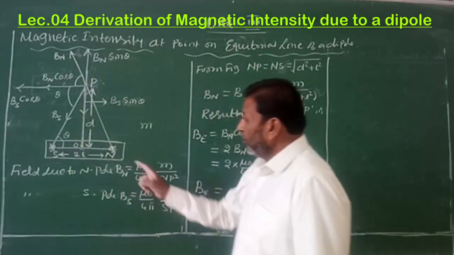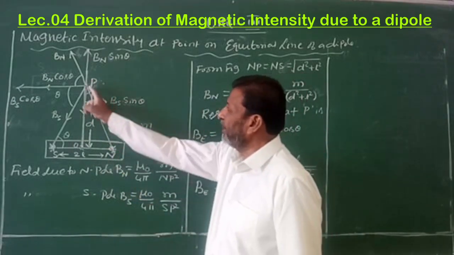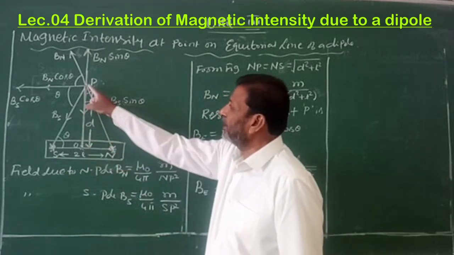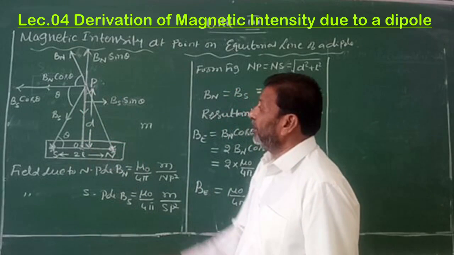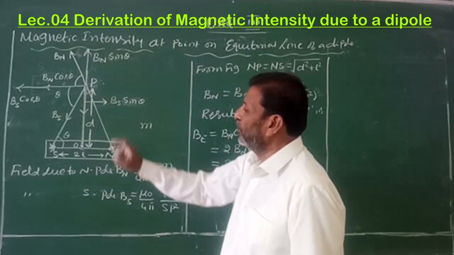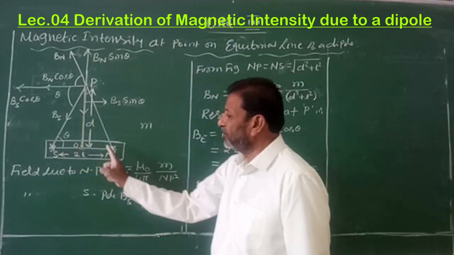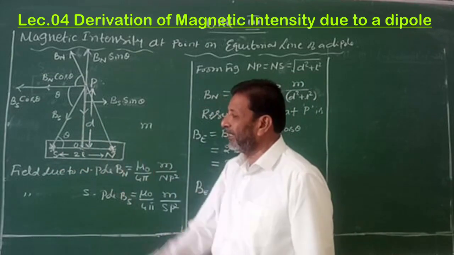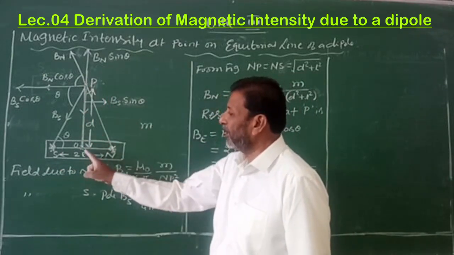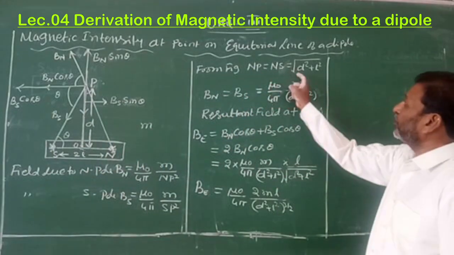Then, looking at this figure, tell me what is the value of NP and what is NS. Now, see, this is a right angle triangle, isn't it? Therefore, NP square is equal to D square plus, this total length is 2L, so this will become L. Therefore NP square is equal to D square plus L square, and NP is the square root of this.